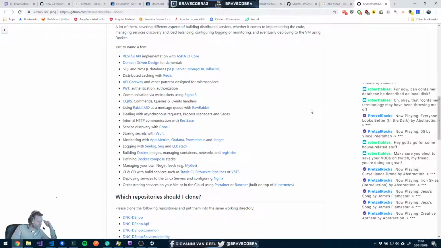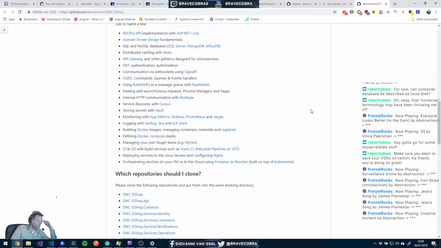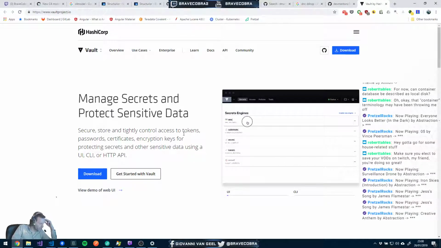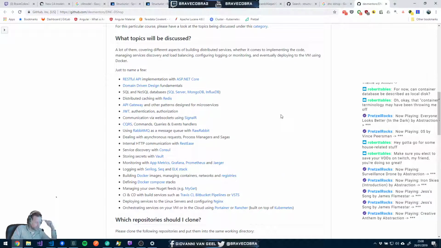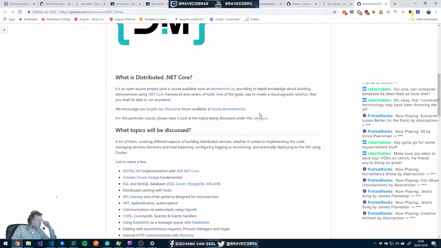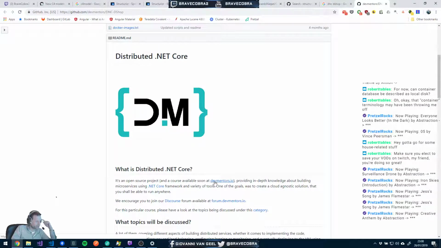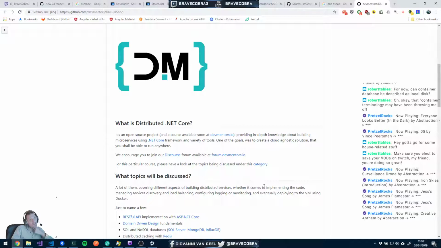One thing that I'm still missing here is the Vault, although they mention it here, and I'm kind of curious where that code is actually, because I didn't see a Vault server being spun up, but I would have to look into that. I was just looking at the videos that are on YouTube, so have a look at these guys. They are at devmentors.io, and I will be looking into the code a little deeper.